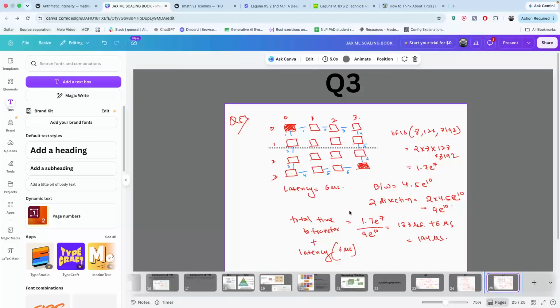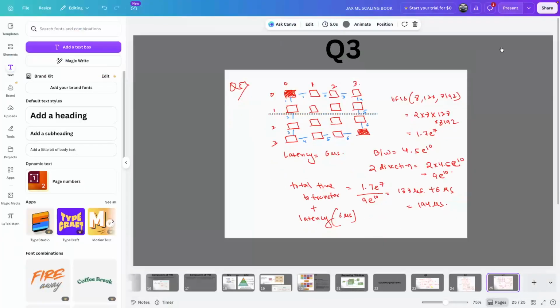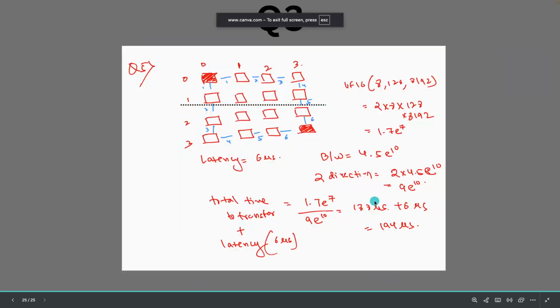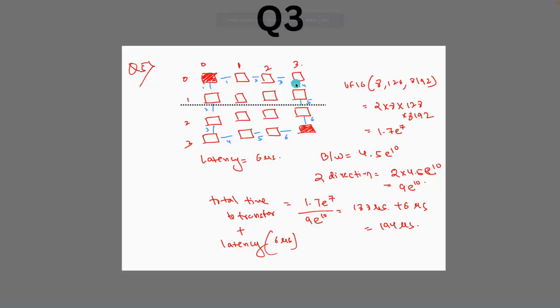The ICI is bidirectional, so this compute unit can receive and also send data, and you have 9e10 total bandwidth.